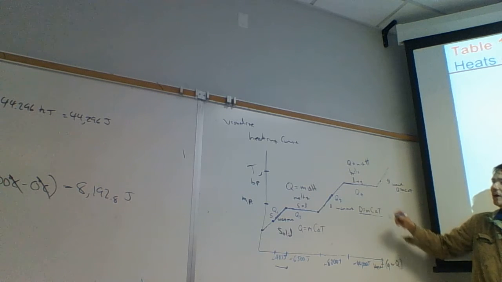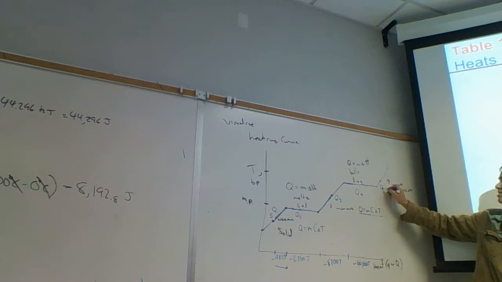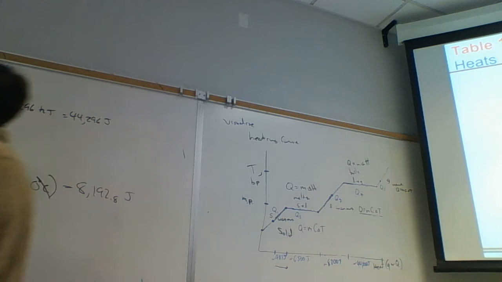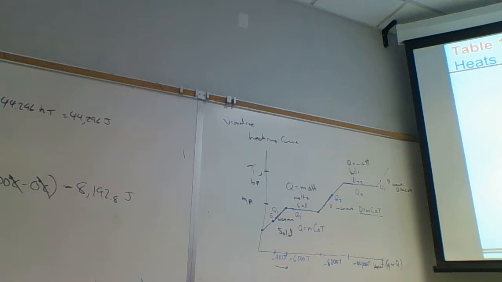Okay, once we've boiled all of it, then we're on the last segment here, which is Q5. No more liquid remains. We have 0 grams of liquid water. We have 19.6 grams of steam.